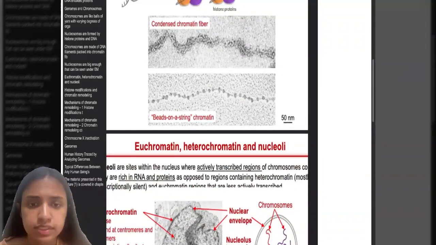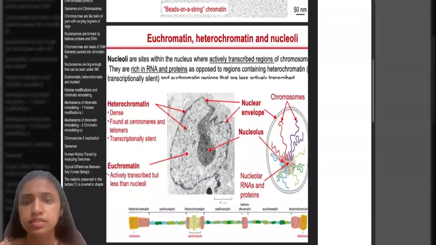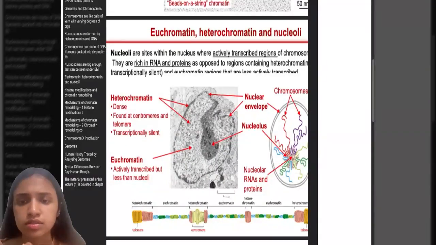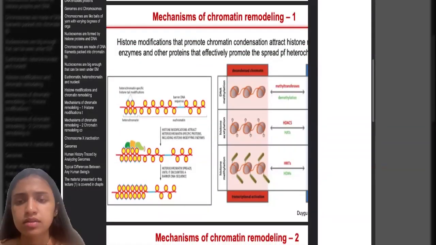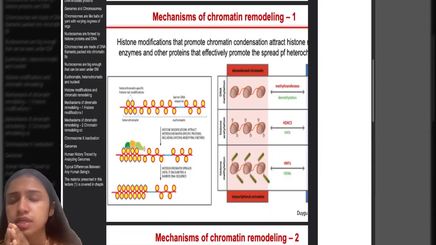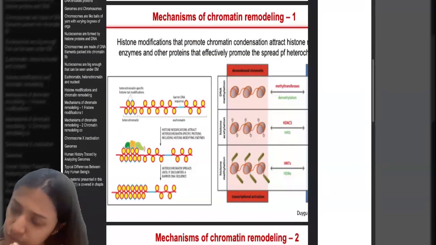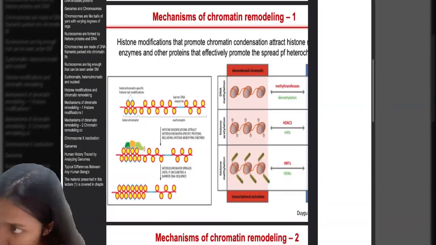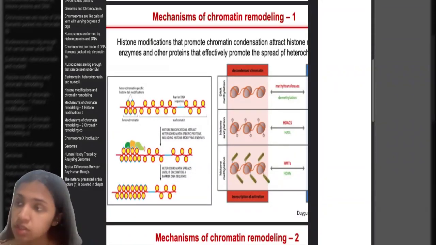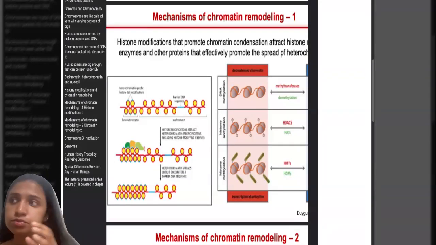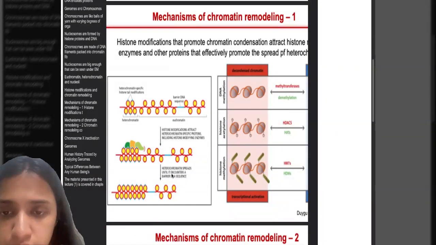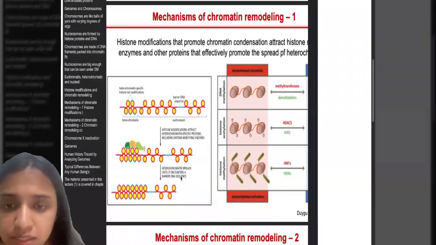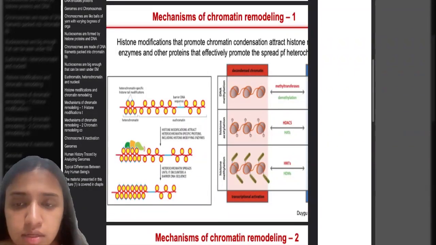Says less actively transcribed, but that is cut off. Now, what they're saying is that the histone modifying protein is essentially targeting the heterochromatin, because there are heterochromatin enzymes. These enzymes bind to this heterochromatin, and then the heterochromatin spreads until it encounters a barrier DNA sequence.